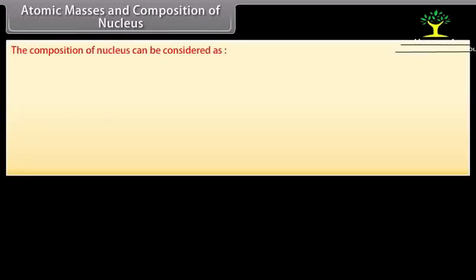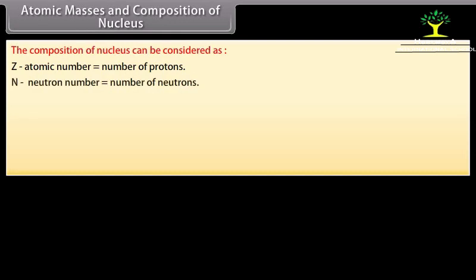The composition of nucleus can be considered as follows: let Z be the atomic number, which is equal to the number of protons. Let N be the neutron number, which is equal to the number of neutrons. Let A be the mass number, which is equal to Z plus N, the total number of protons and neutrons.